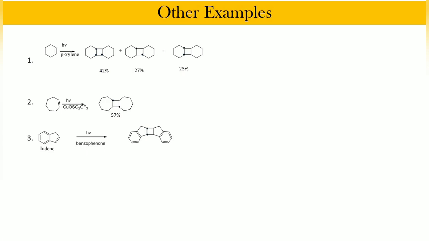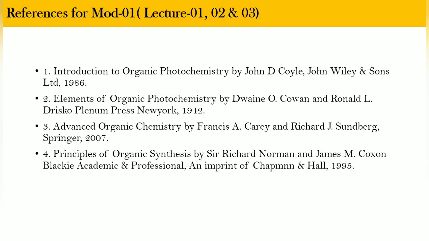Cyclohexene in presence of paraxylene will undergo dimerization to give three different products. The dot denotes hydrogen projected towards you. At the dotted carbon will have a hydrogen that will be projected towards you. And second example is 7 carbon system. Third example is indene system. So these are the references for Module 1, Lecture 1, 2 and 3. Thank you.